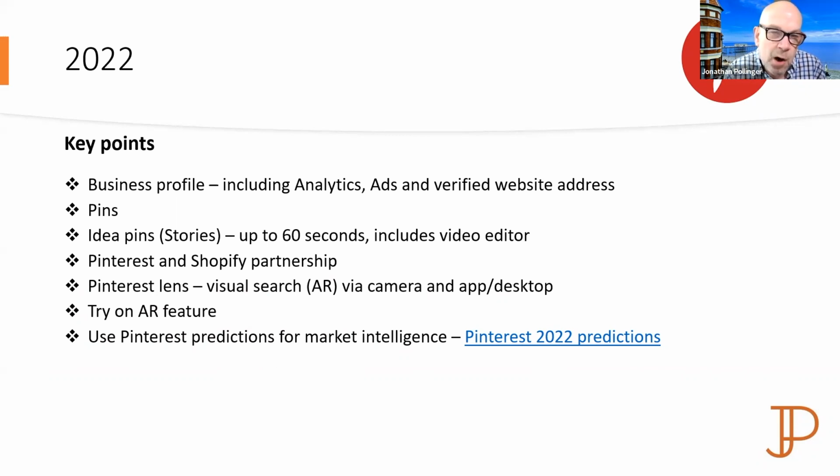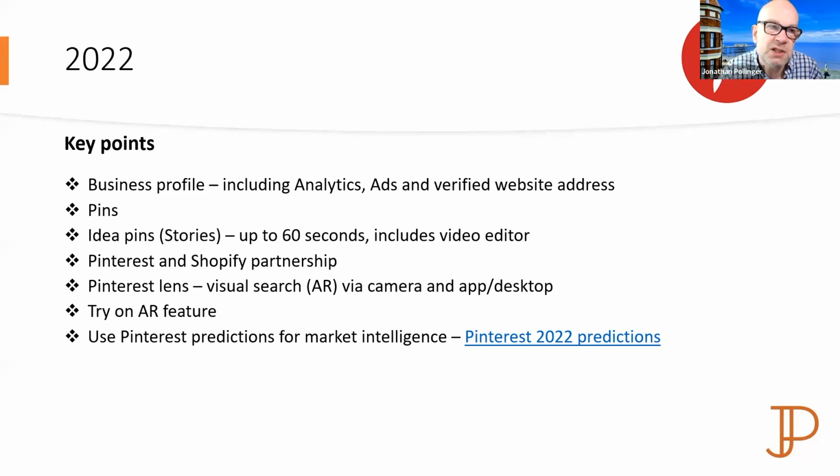There's this idea of pins. Pins is now the term that they use for all content. And within that, they call their version of stories idea pins, but essentially they're stories. So you can have stories up to 60 seconds. I suppose you could argue that Instagram's got a stories video editor, but it's not as fully featured as the Pinterest one.